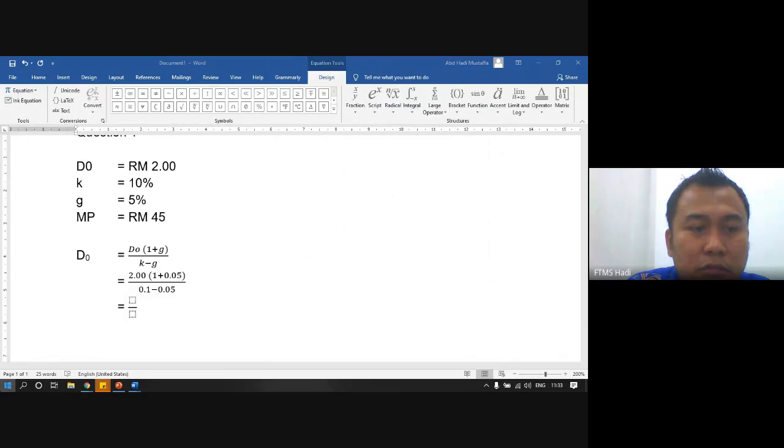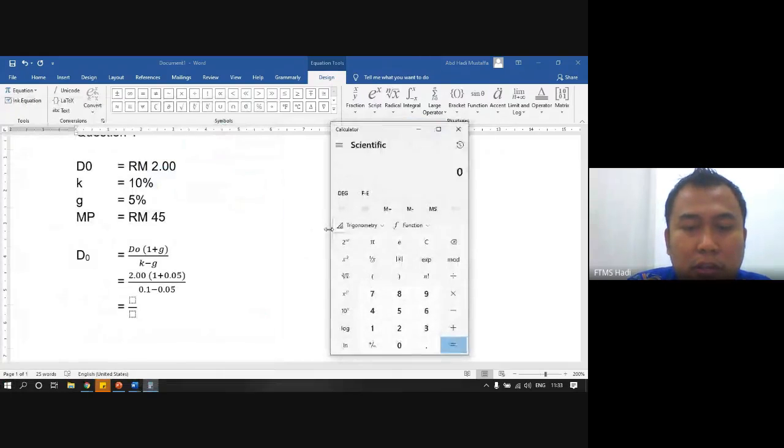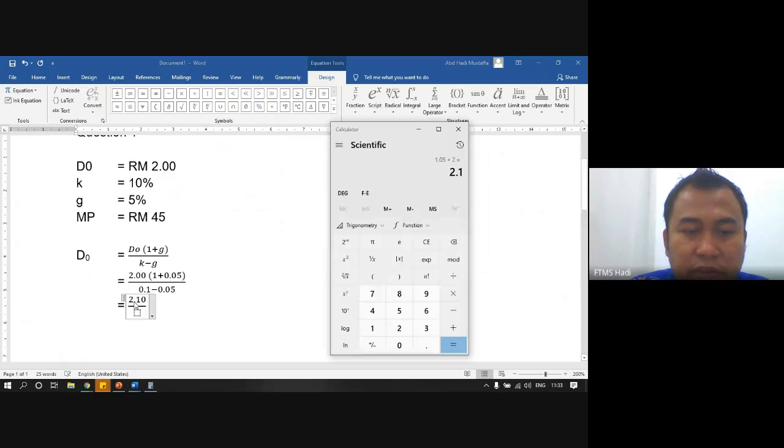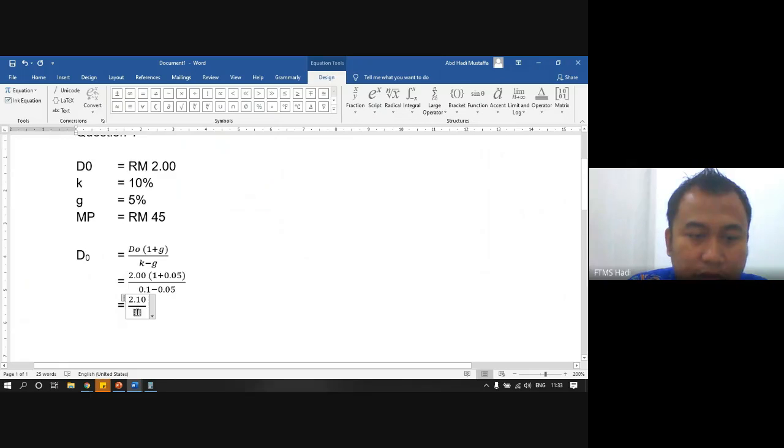Where is the calculator? All right. 1 plus 0.05 multiplied by 2 ringgit, which is 2.1, divided by 0.1 minus 0.05.